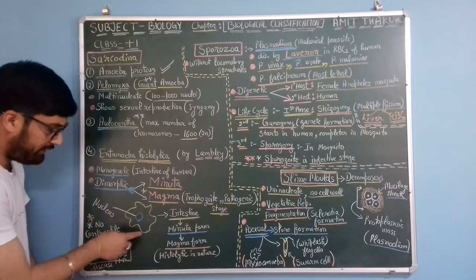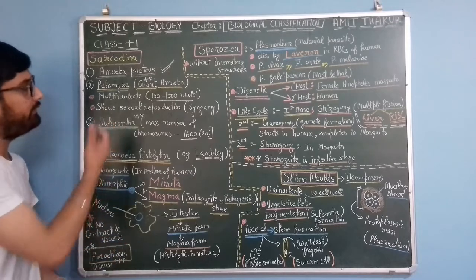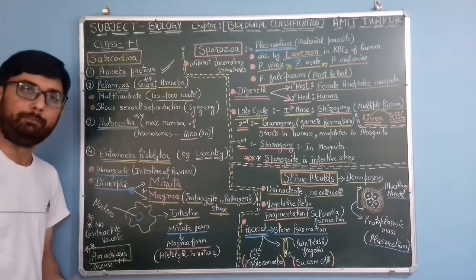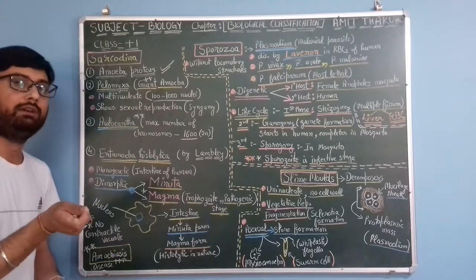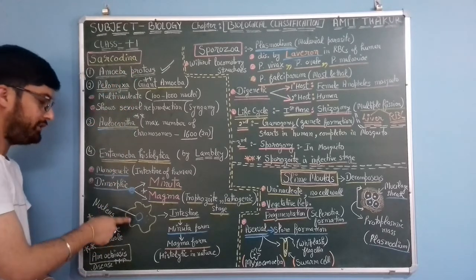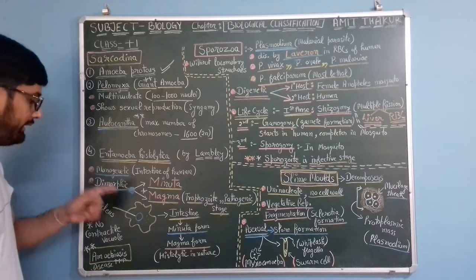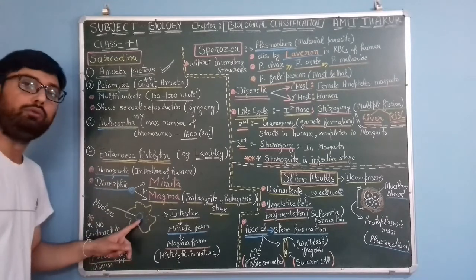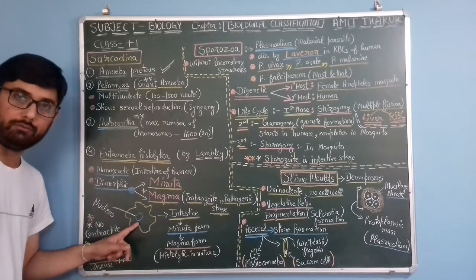Coming to the structure, it is just as we have seen in Amoeba proteus, but the only difference between Amoeba proteus and Entamoeba histolytica is that in Entamoeba histolytica there is no contractile vacuole.